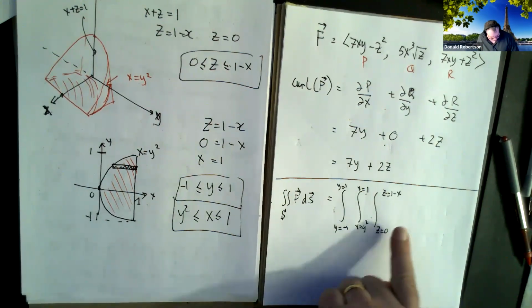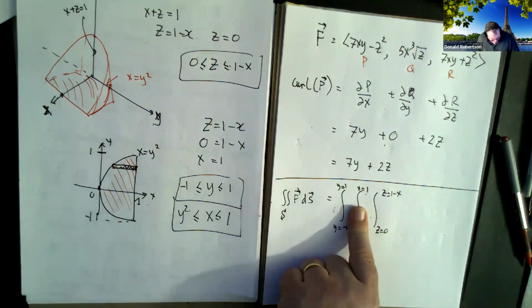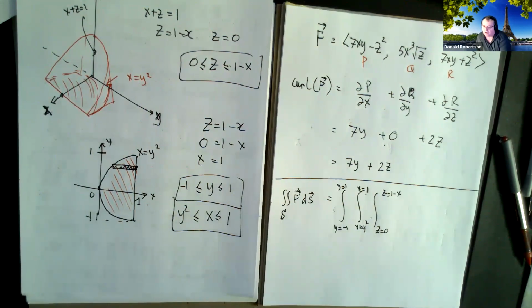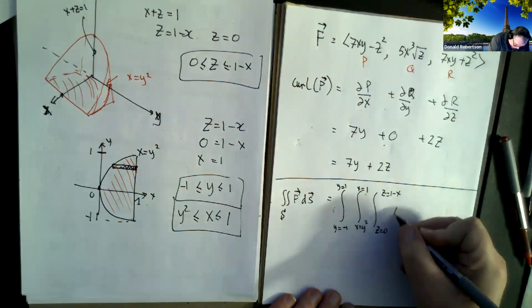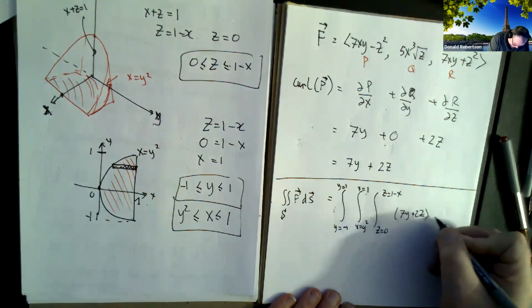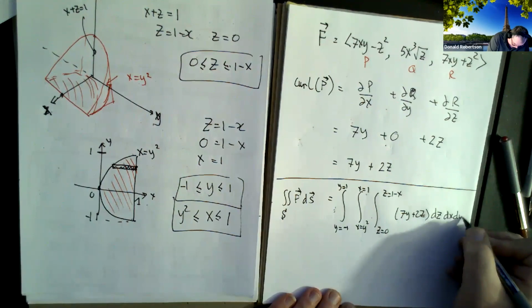Now let's see what that would do. If I integrate this, I'm going to get x's. If I integrate this, the x's will turn into y's. If I integrate this, the y's are the only guy left. That will work. And the guy we're going to do it to is 7y plus 2z. And I've decided z followed by x followed by y.